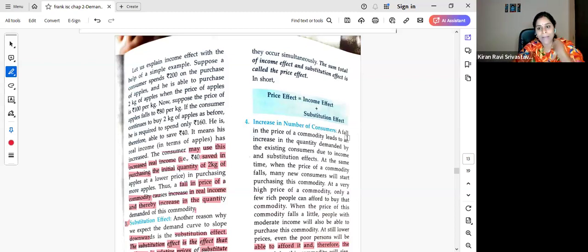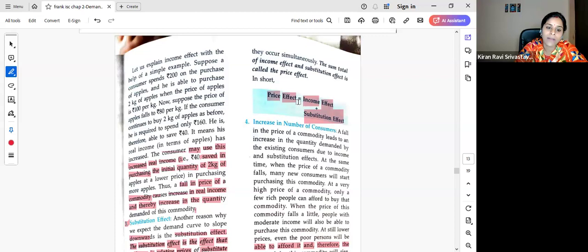So when you combine the income effect and substitution effect, this is a very important point. When this price change happens, the income and substitution effects happen simultaneously, and the combination of income effect and substitution effect is called price effect.